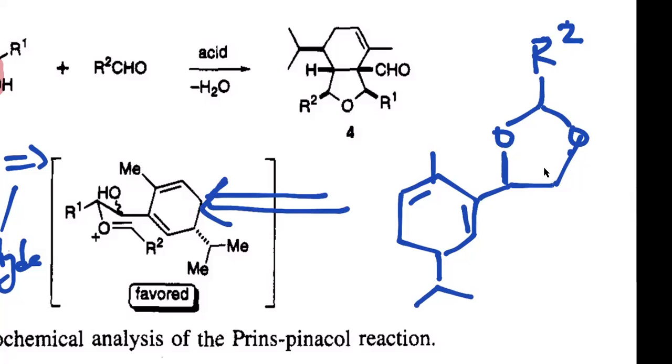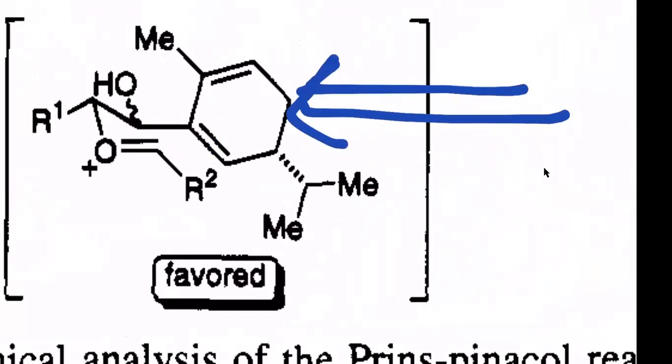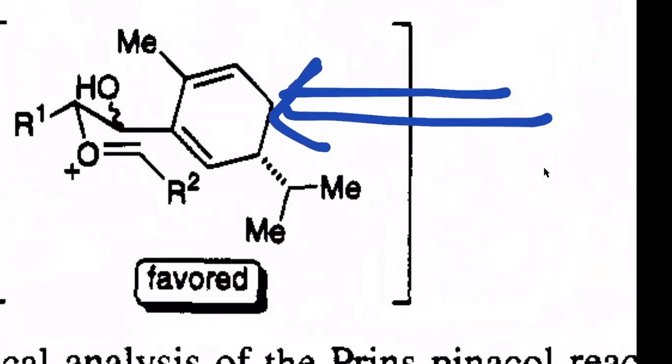And that's the part where your actual Prins cyclization takes place, because this pair of electrons is going to attack the aldehyde.